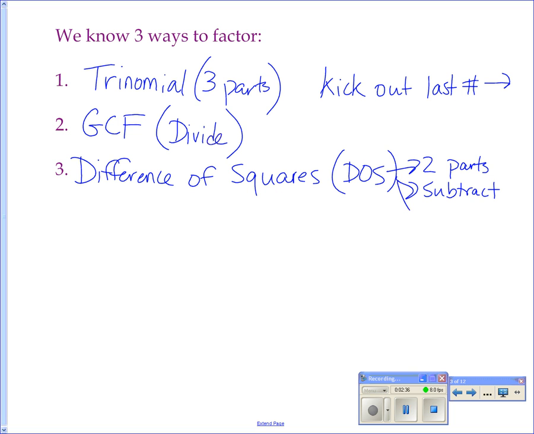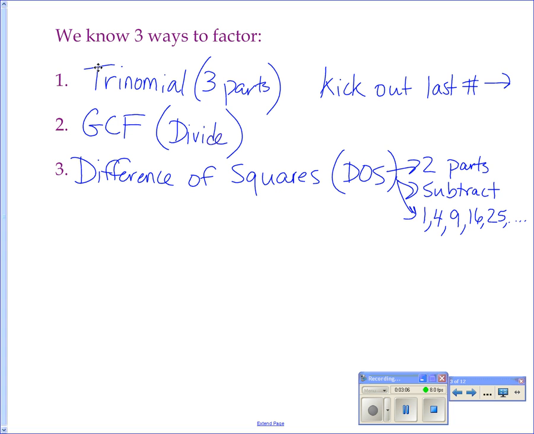So it'll always be a 1 or a 4 or a 9 or a... 1 times 1 is 1, 2 times 2 is 4, 3 times 3 is 9, 4 times 4 is 16, 5 times 5 is 25, and so on. So it'll always be this set of numbers that I'll draw from.